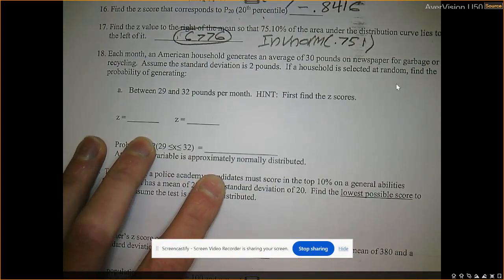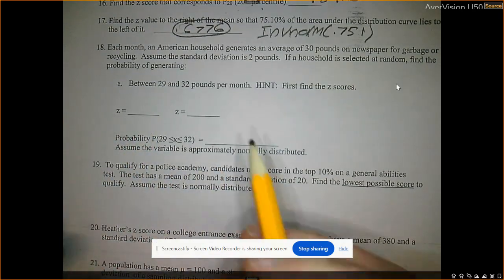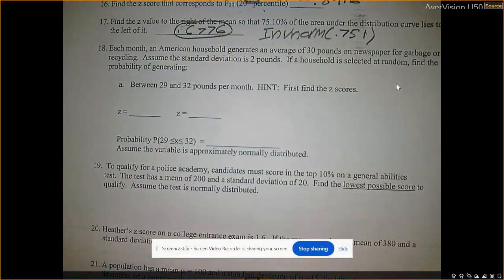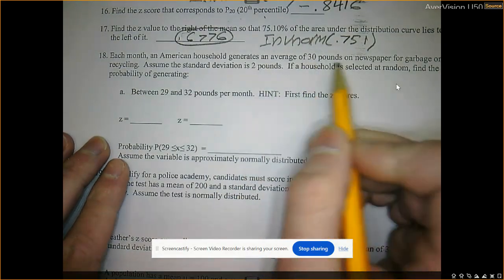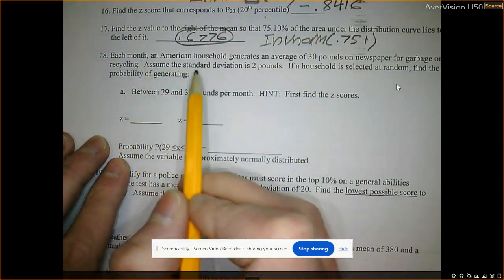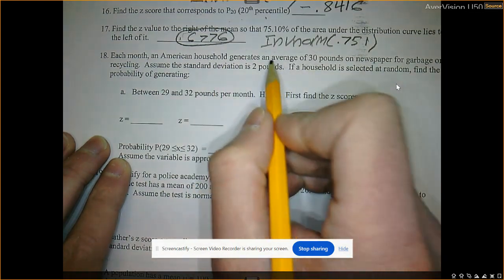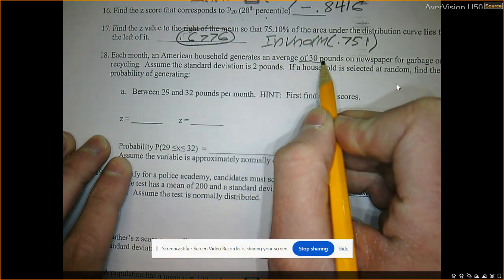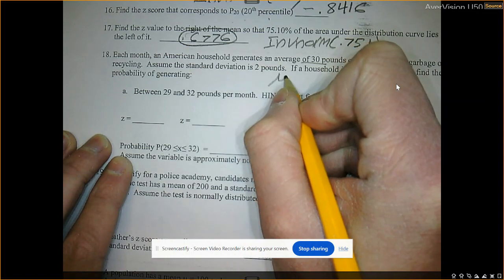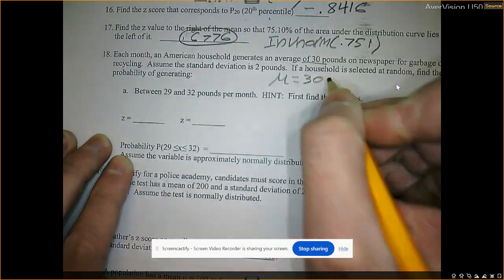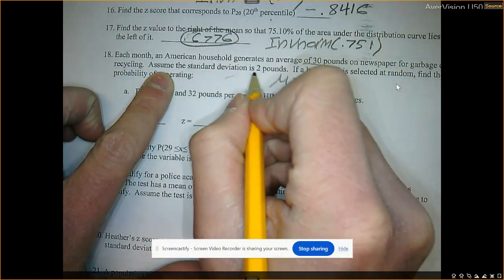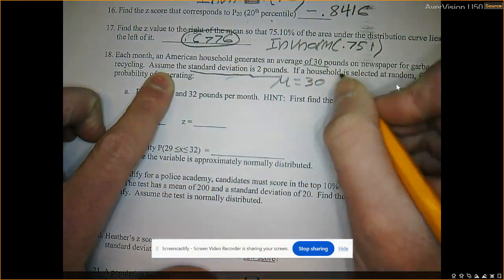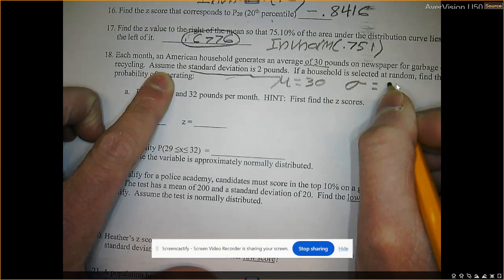That's that. As we get to 18, well, now we have a bunch more information coming out, and we're going to have to find z-scores from getting different types of information. Each month, an American household generates an average of 30 pounds. Okay, average of 30 pounds, that's going to be your mean. For garbage or recycling, assume that the standard deviation is 2, so there is your standard deviation.